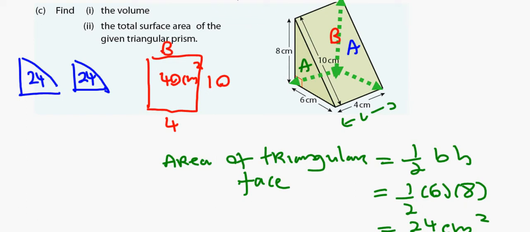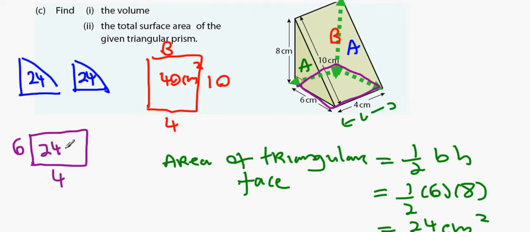Now we're going to go on to the base, which is a smaller rectangle of 4 by 6. So then we're going to have the base one, which is 4 by 6 or 6 by 4, which is going to get us 24 centimeters squared, because length by breadth, 6 by 4, is 24 centimeters squared. And finally we're going to have the back face, which we're going to put in black here.